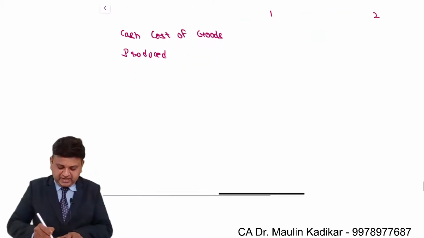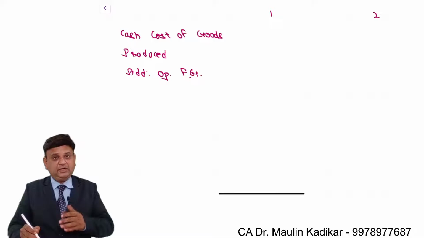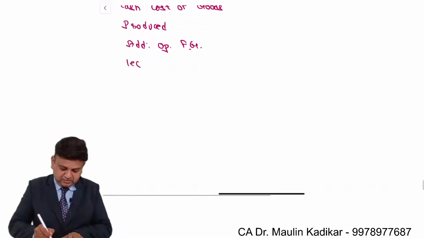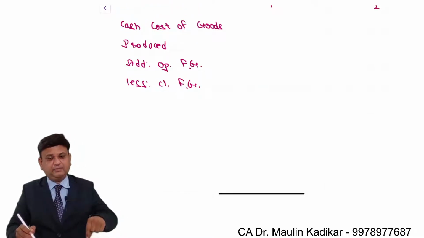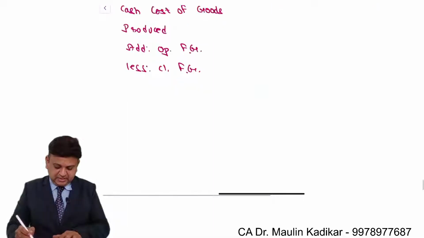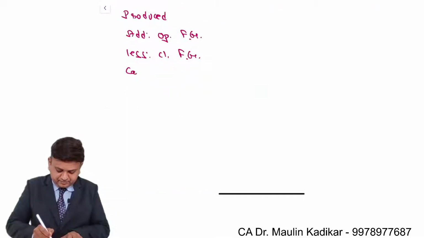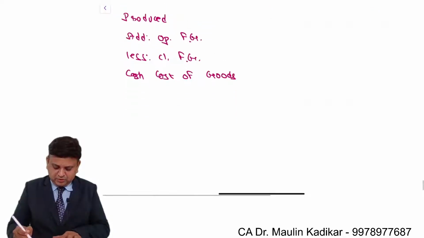Now to this we will add opening finished goods and deduct closing finished goods: cash cost of goods produced plus opening minus closing, that is the cash cost of goods sold.